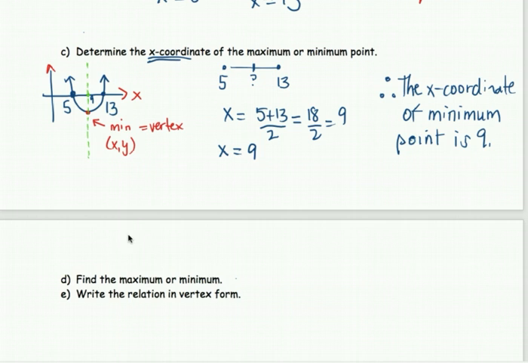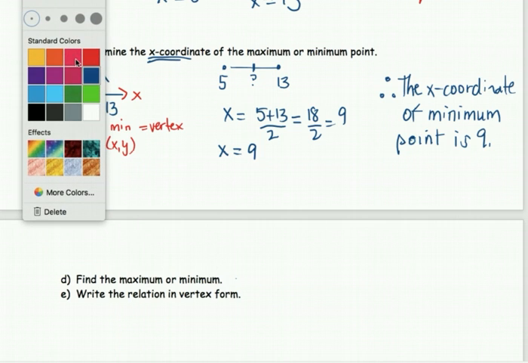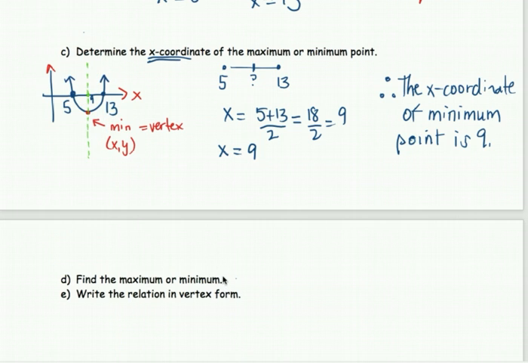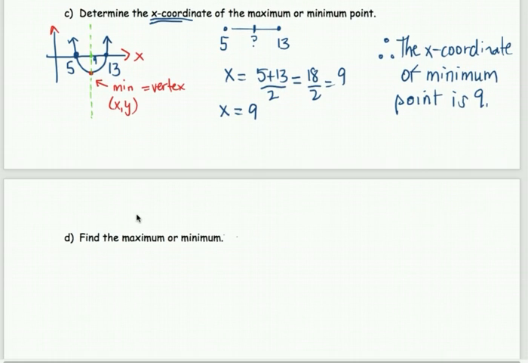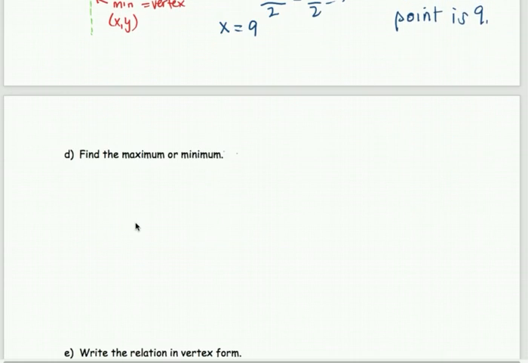Okay, from there now, we have to find the max or min. So basically you did this in the past before. For example, if you have our graph here, you know there's a minimum.